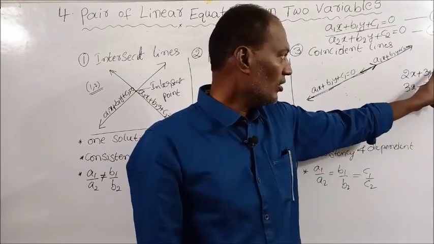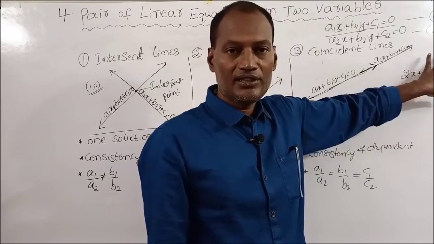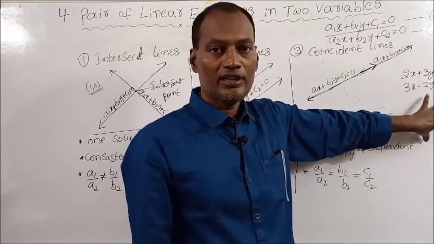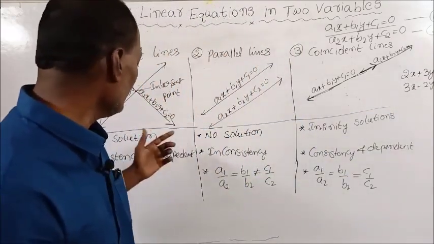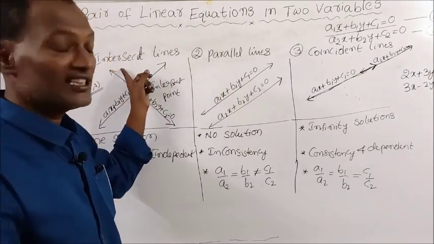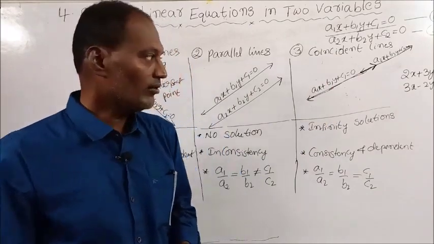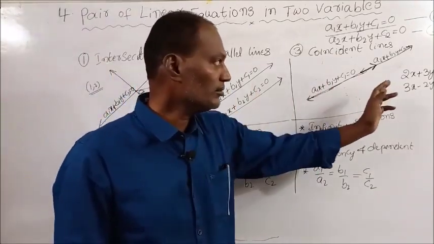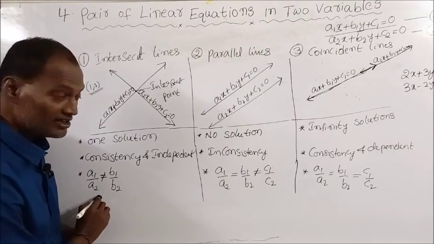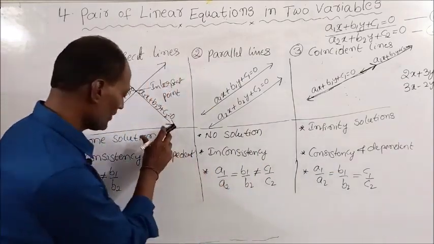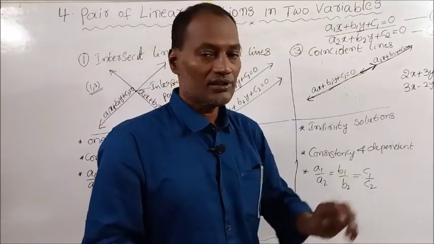They are asking, the given pair of linear equations is of what type? We already know there are three types of pairs of linear equations: intersecting, parallel, and coincident pairs of linear equations. How can you test? How can you know? If you remember these three formulas, then only you can solve this question.